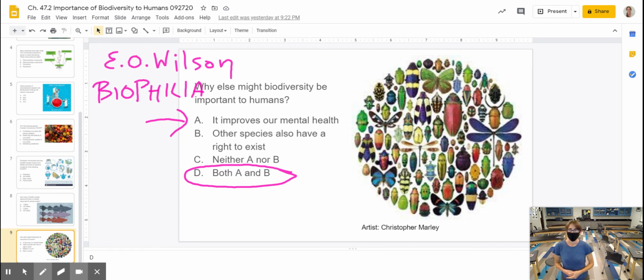E.O. Wilson hypothesized that humans have a genetically wired attraction to nature, a desire to be around nature, and it's good for us on a cellular and a health level to be around nature because we've evolved in natural settings for hundreds of thousands of years.